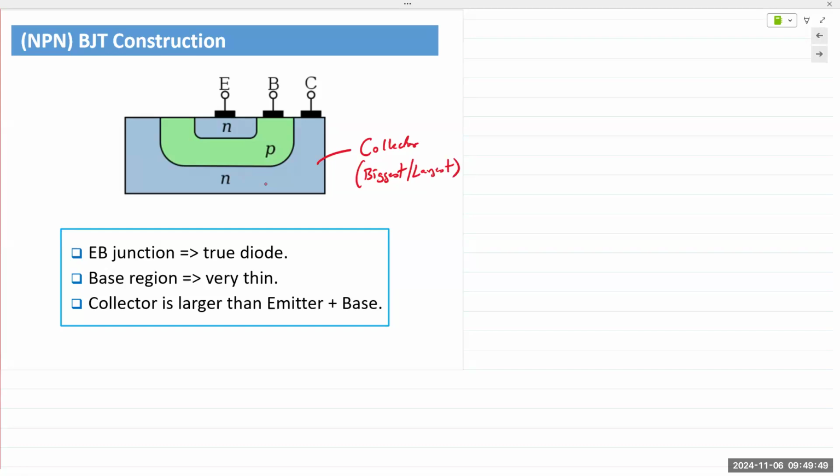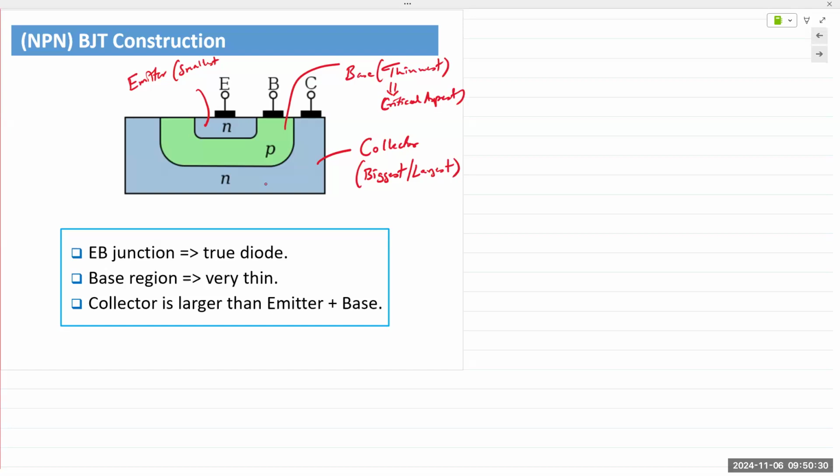The emitter is the smallest. And then there's the base, which is the thinnest. It's very, very thin, and this is the most critical aspect of operation. So that's physically speaking.